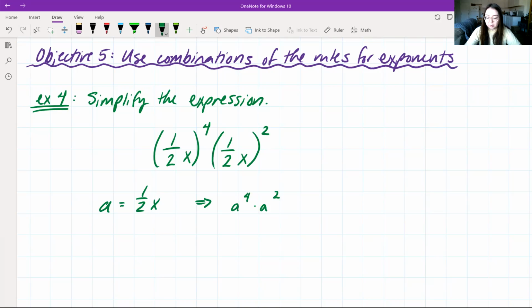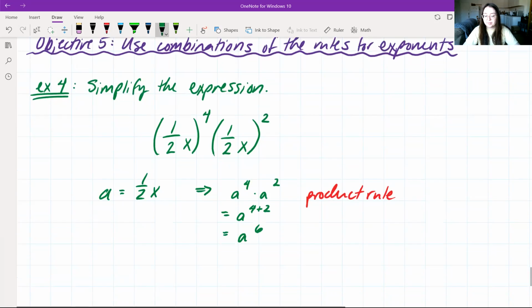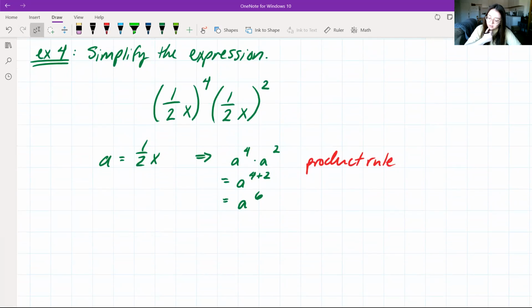where we know from our product rule this is equal to a to the power of 4 plus 2, which is equal to a to the power of 6. So now, plugging 1/2 x back into a to the power of 6, we're going to get 1/2 x to the power of 6.